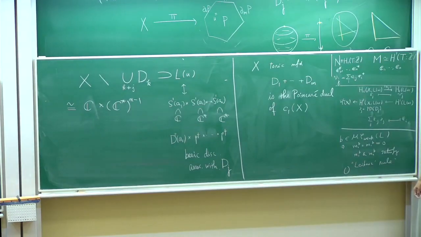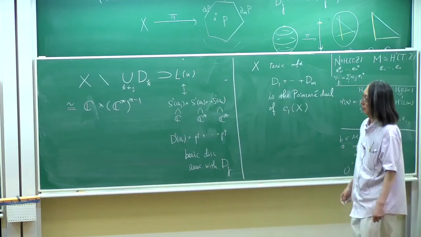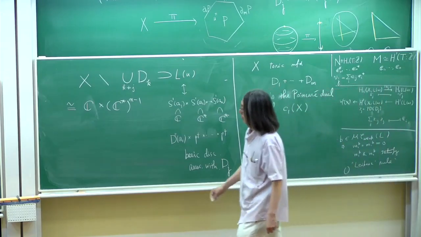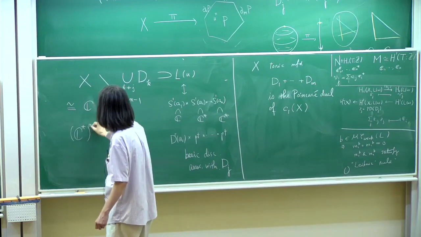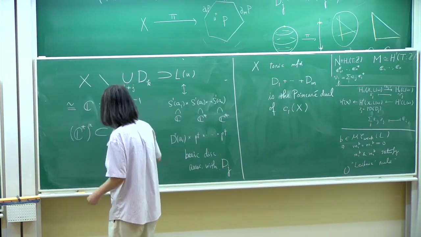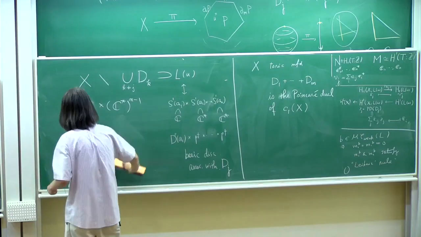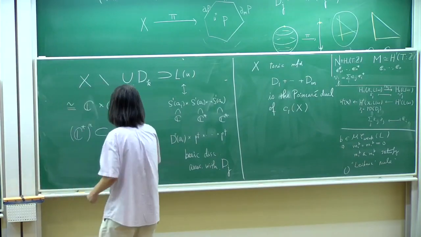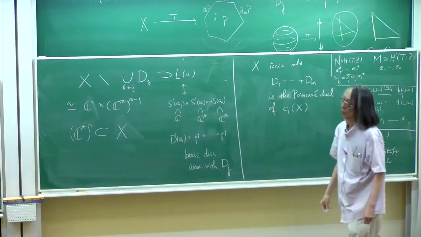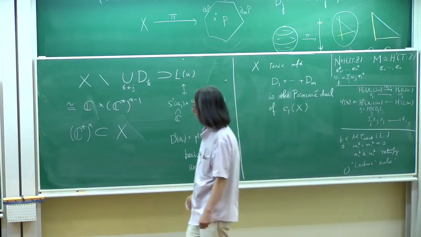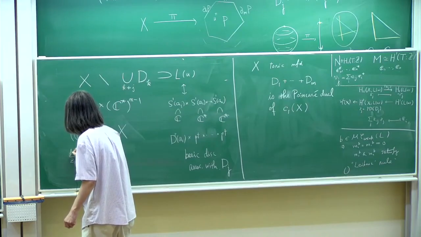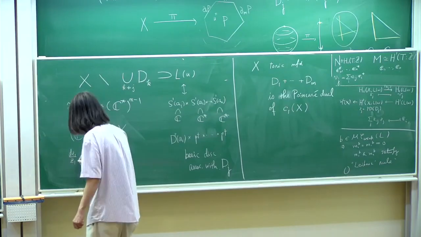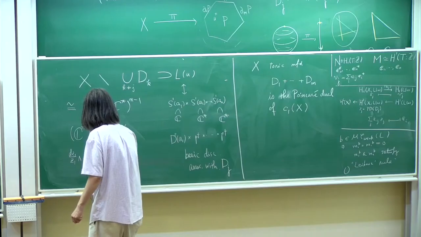And this you can see as follows. Here you have C star to the n contained in X. We can consider the following thing: dz1 over z1 wedge through dzn over zn.